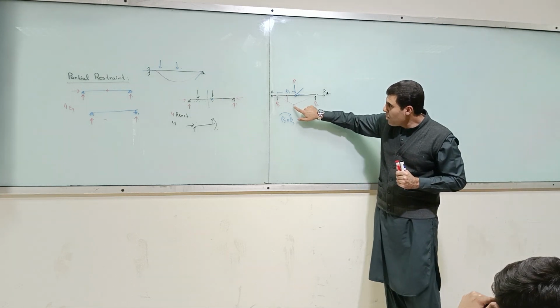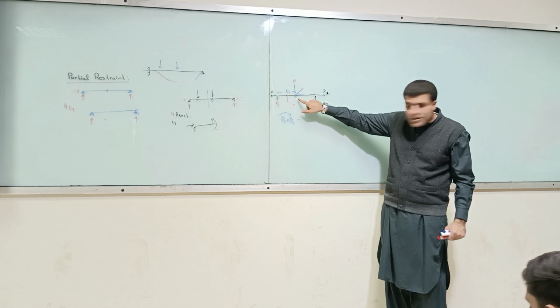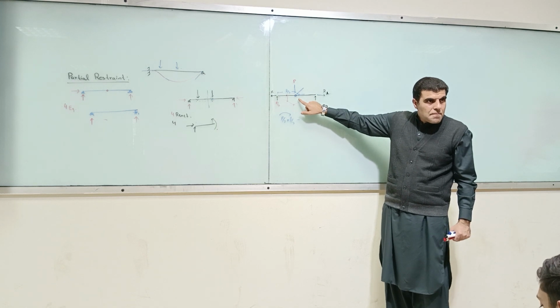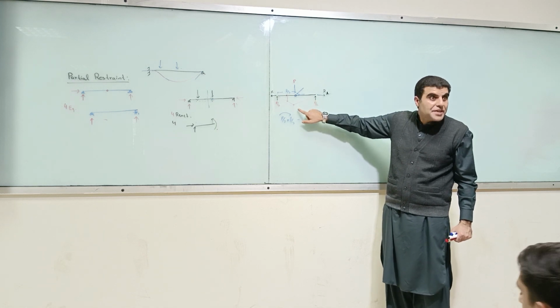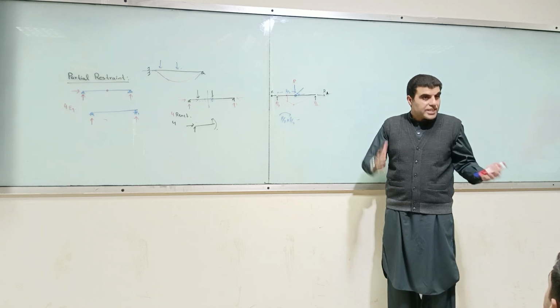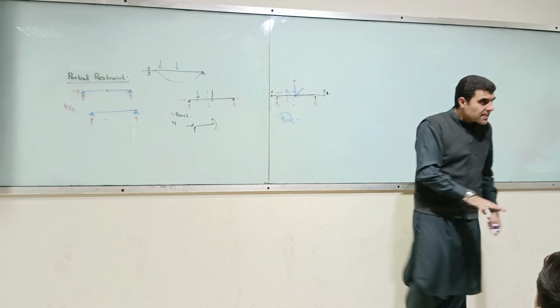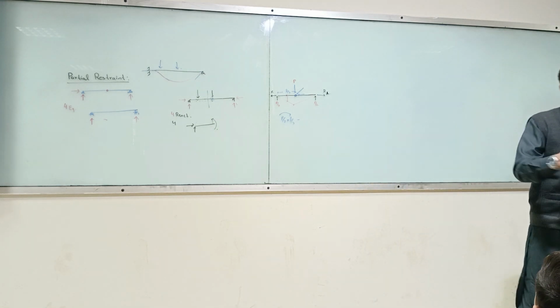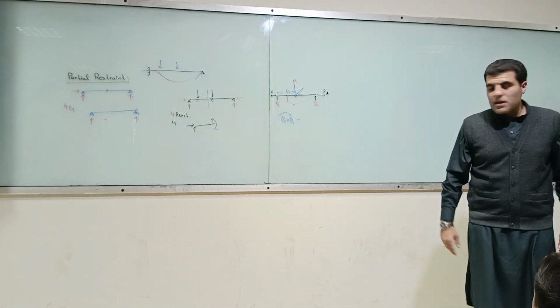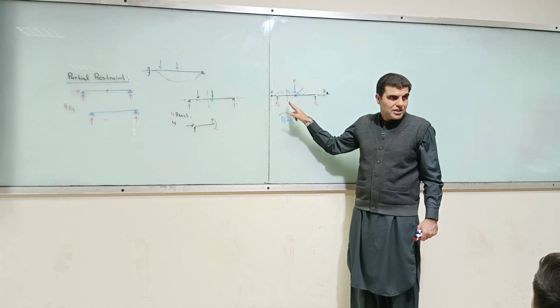No. We are taking moment about this point from the deformed profile, not from the undeformed profile. We have to take it from the deformed profile. So R1 will generate a moment. And in reality, it is always corresponding to a deformed profile. However, in this class, because of the small displacement, we will consider it from an undeformed or initial profile.